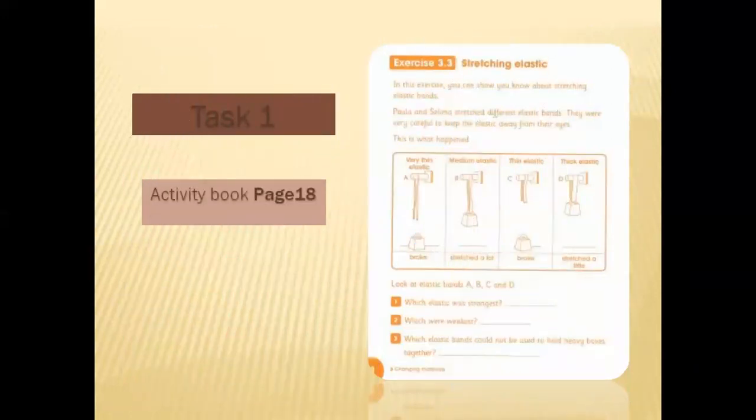So boys, your task 1 is on page number 18 of your activity book. In this exercise, you can see stretching elastic bands. Paula and Salima stretched different elastic bands. They were very careful to keep the elastic away from their eyes.